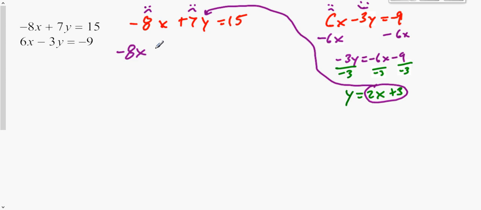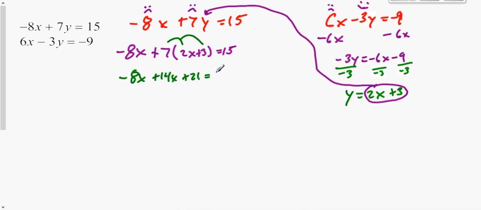Negative 8x plus 7 times 2x plus 3 equals 15. Distribute the 7. Very similar to the last problem. Combine like terms gives us 6x plus 21 equals 15.